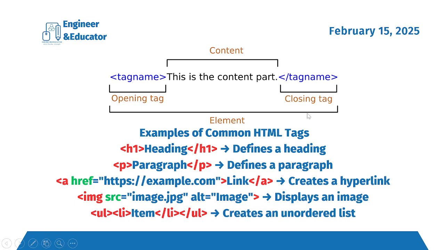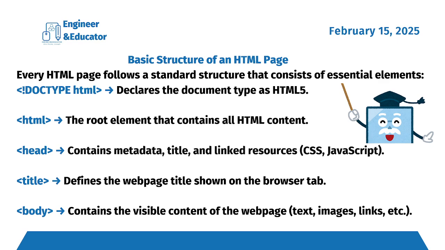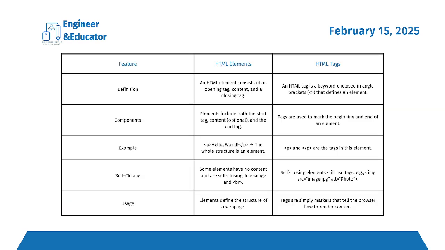Thereafter, there is a difference between HTML elements and HTML tags. I have already given the difference here. Before moving on to that, I will give you the basic structure of an HTML page. We need to know the basic structure of an HTML page.